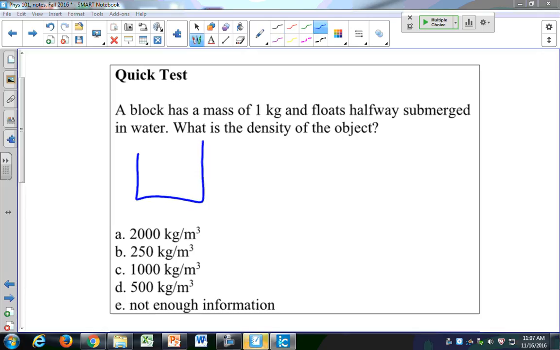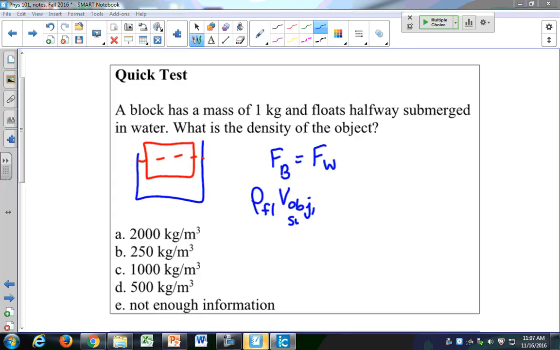I have this block, and it sits halfway submerged, and I want to know the density of the object. I can start with this, that the buoyant force is equal to the weight of the object. The buoyant force is the density of the fluid, times the volume of the object that is submerged, times g, and this is equal to m times g.